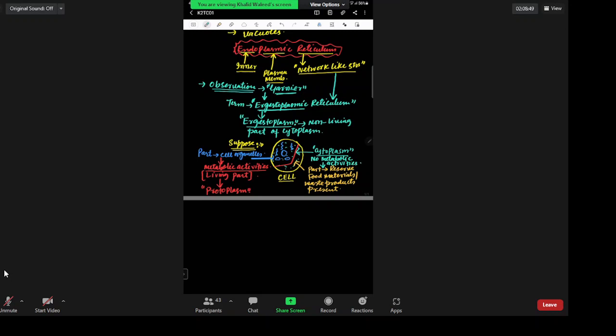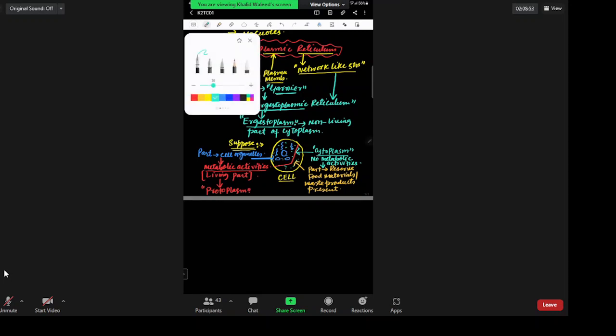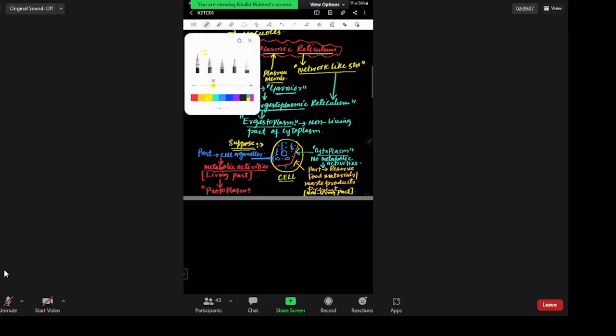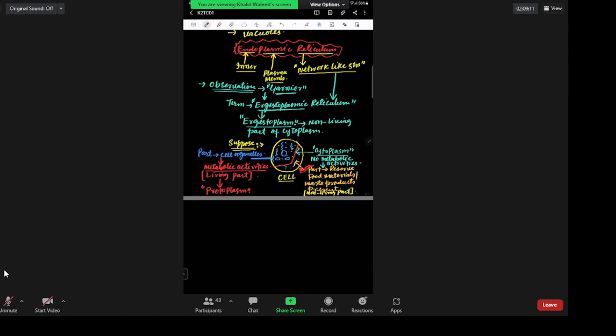This part of cytoplasm where there are no cell organelles, hence no cellular activities, constitutes the non-living part of cytoplasm. And this non-living part we call as ergastoplasm, or it is sometimes also called as deutoplasm.